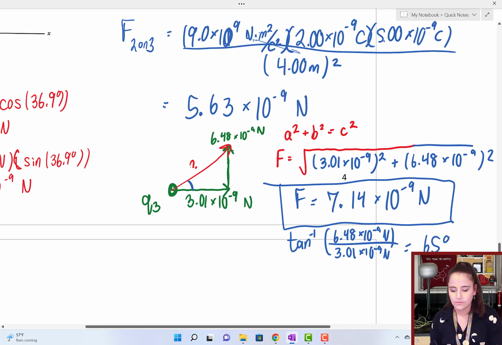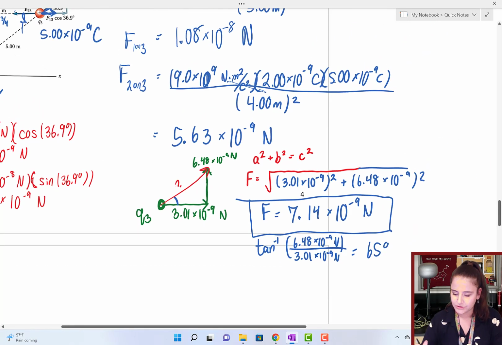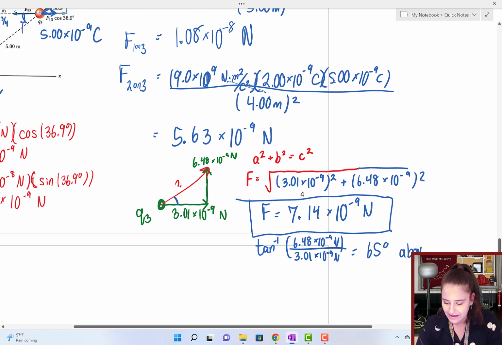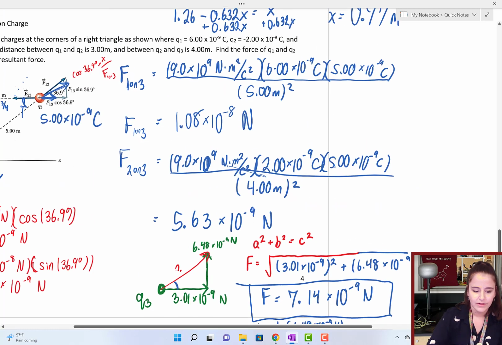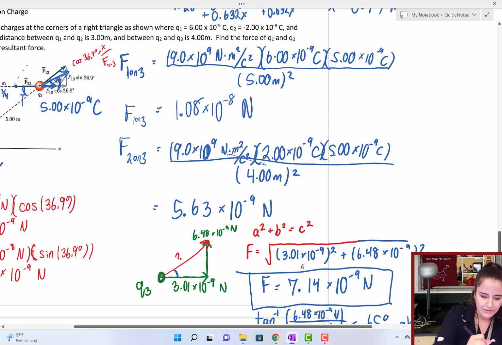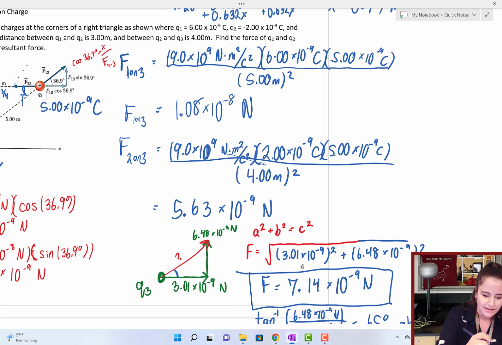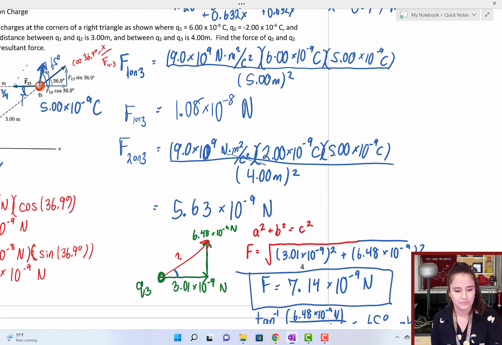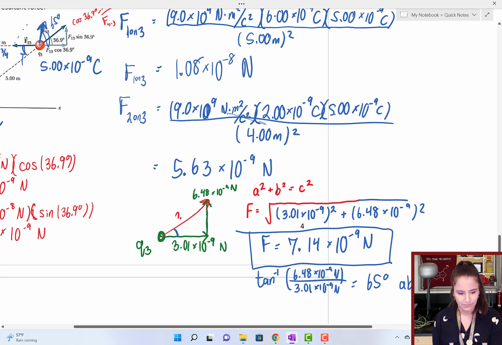Based on how I drew it, that would be 65 degrees above horizontal. So this angle between it and the force is probably up in this direction. Yep, that does make sense. And this angle would be 65 degrees.